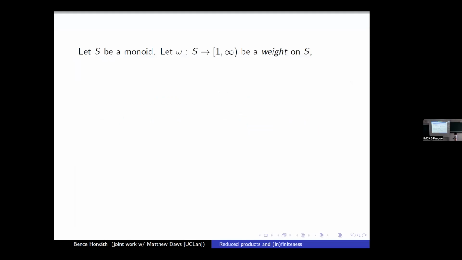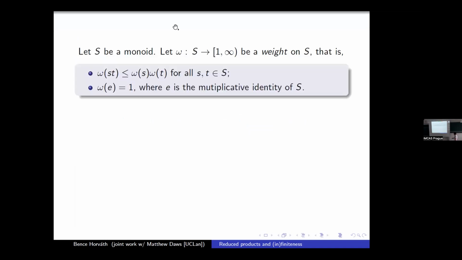I didn't define what a weight is yet, but when you have a monoid S instead of just a set I, then a function like this is a weight if it satisfies this submultiplicativity condition and it maps the unit of the monoid to 1.